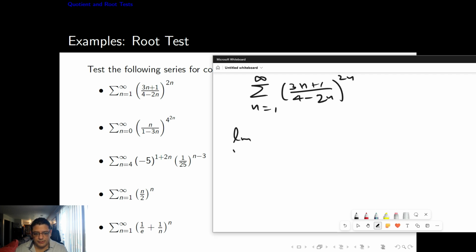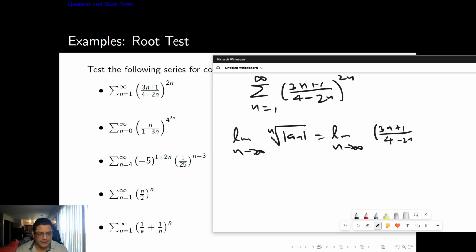So when we apply the root test, the limit when n goes to infinity of the n root of the absolute value of an, this is going to be the limit of the absolute value of 3n plus 1 over 4 minus 2n, since this can be negative, and of course this is to the 2n, and then we're going to take the n root, then we need to simplify as the next step.